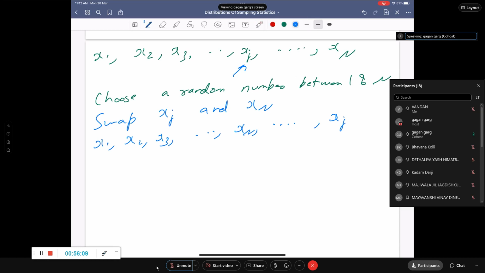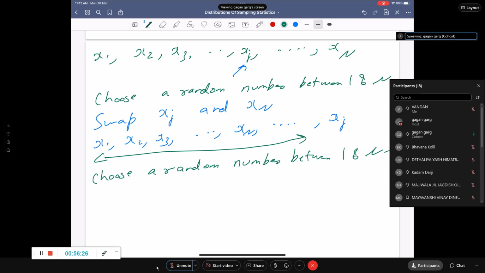So now in the next step, you choose a random number between 1 and n minus 1. So now you're going from here till here. So let's say you choose some xk.